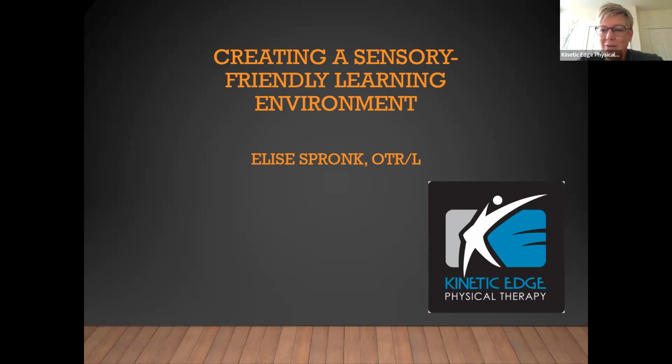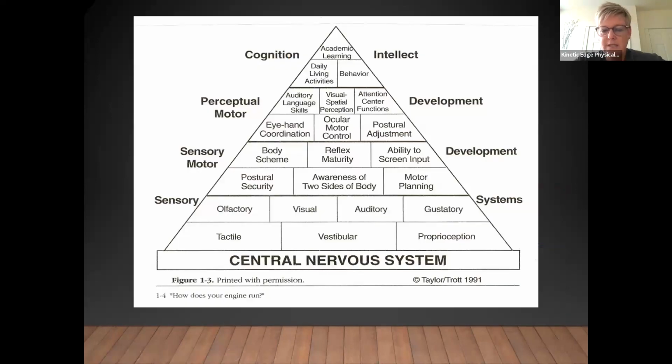So anyway, we will get started here on learning how to create a sensory-friendly learning environment. This diagram is fairly old, but it's one that I still love to show. It really reiterates the importance of our sensory system in the foundation of a person's development.